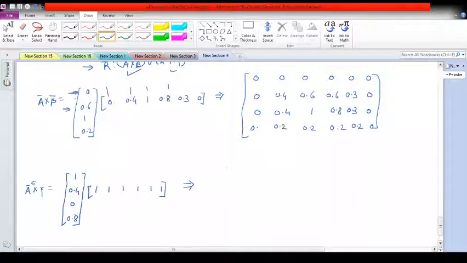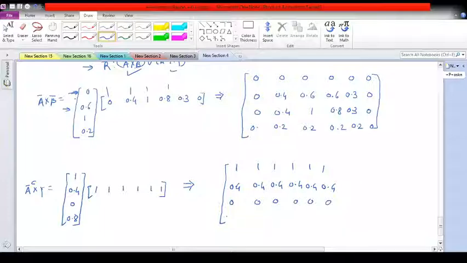Okay. And resultant will be the minimum operator, so it is 1 for first row, 1, 1, 1, 1, 1, 1. Then next is 0.4, so 0.4 will be the same, 0.4, 0.4, 0.4, 0.4, 0.4, 0.4. Next third row will be all zeros, fourth row will be all 0.8, this is 0.8, this is 0.8, this is 0.8 as well, this is 0.8. Okay.